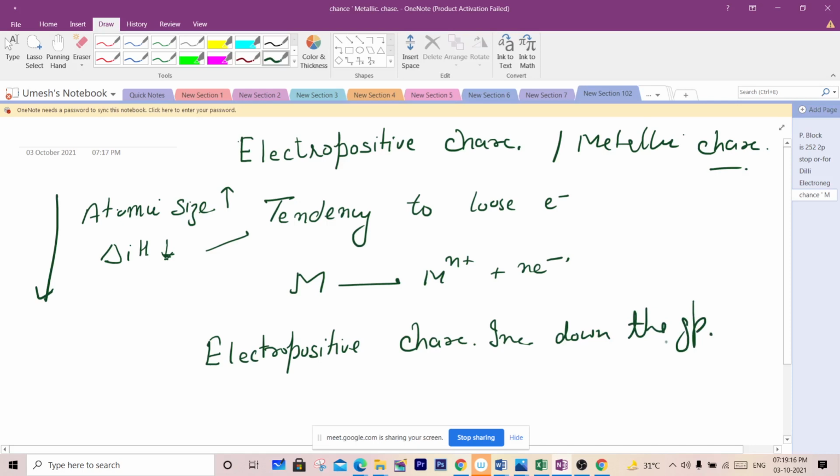Understood? Electropositive character increases down the group. It means the tendency to lose electrons increases as you go down the group.